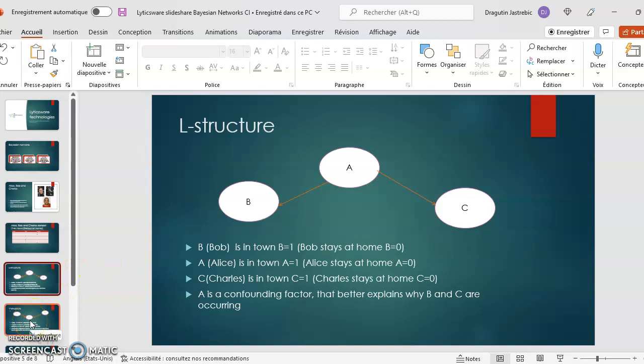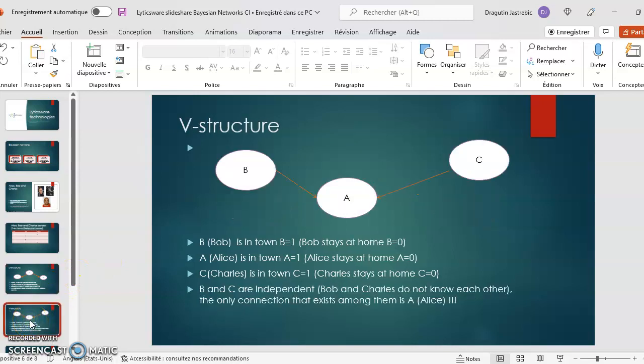Okay, this situation can be explained with the V structure as well. With the V structure, we can consider that Bob and Charles are independent, so they do not even know each other, and the only connection that exists between Bob and Charles is Alice.